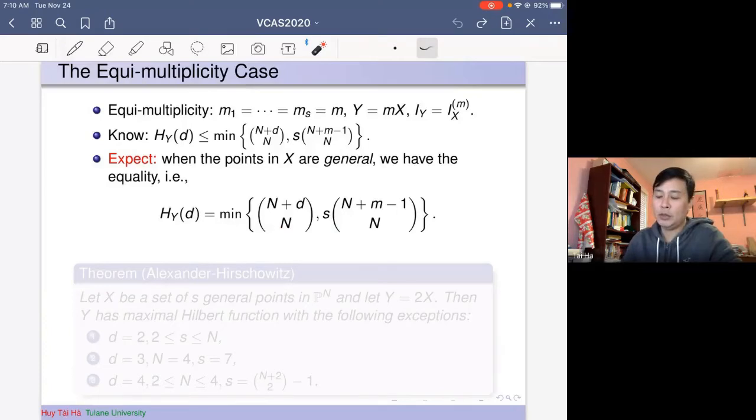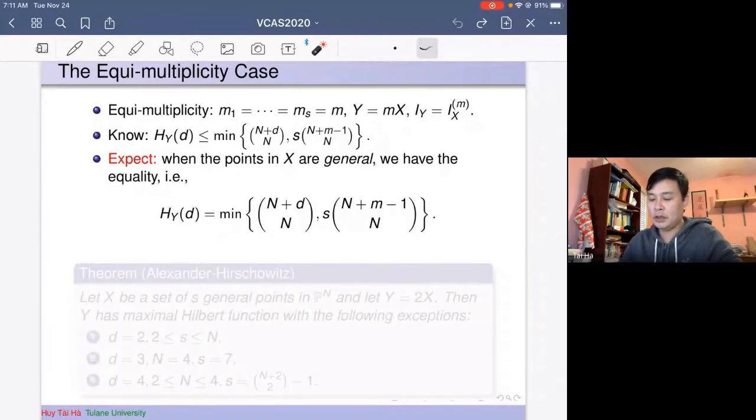In other words, we know exactly how many degree d polynomials vanish at the points in X with multiplicity at least m. However, this is a very difficult fact to prove.